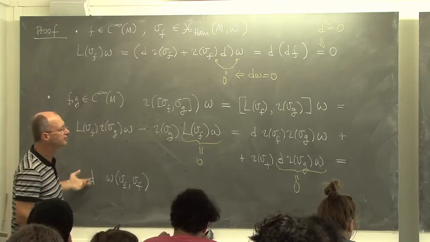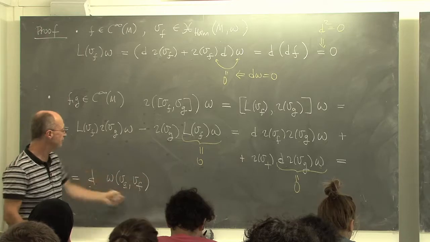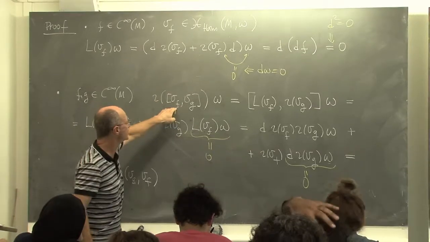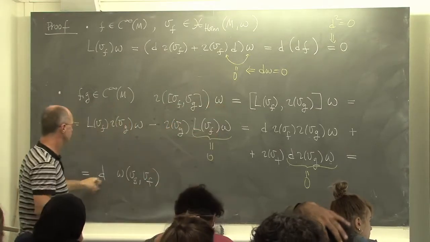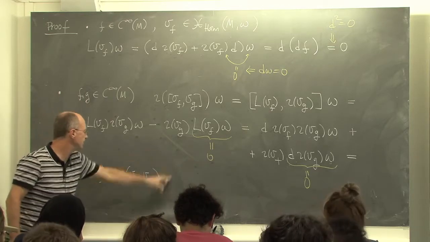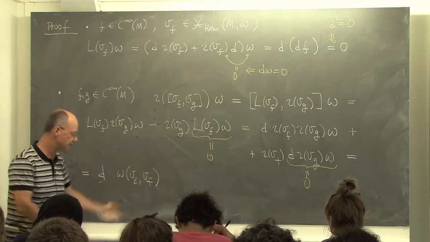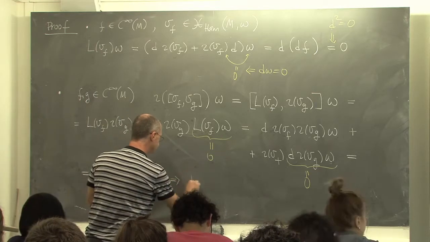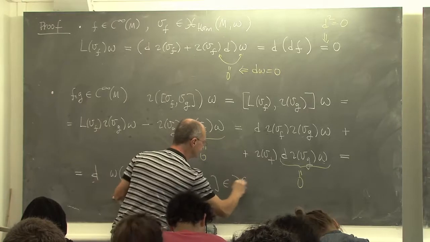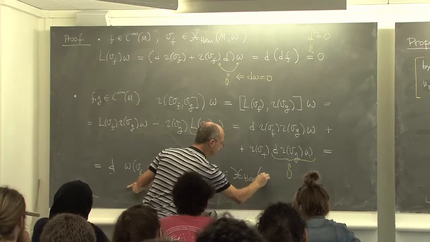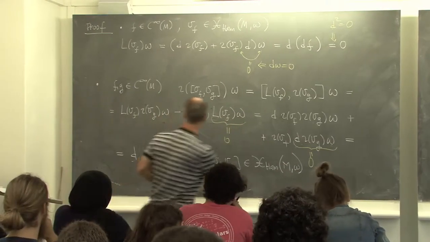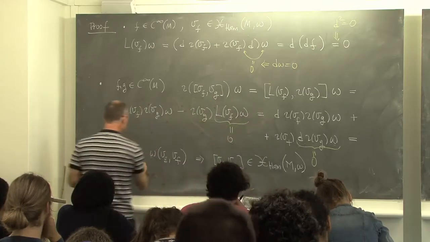Remember, Hamiltonian vector fields are vector fields produced by this construction, right? You put a contraction with this vector field into omega, and the resulting one form is exact. That's what we want. So this resulting one form on the right-hand side is exact. And this shows that the bracket of Vf, Vg is Hamiltonian. That's because of this d here.